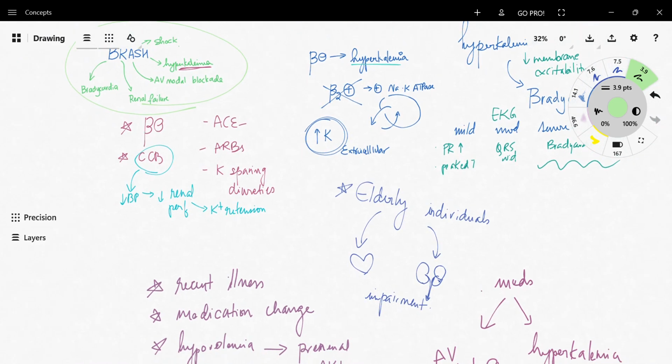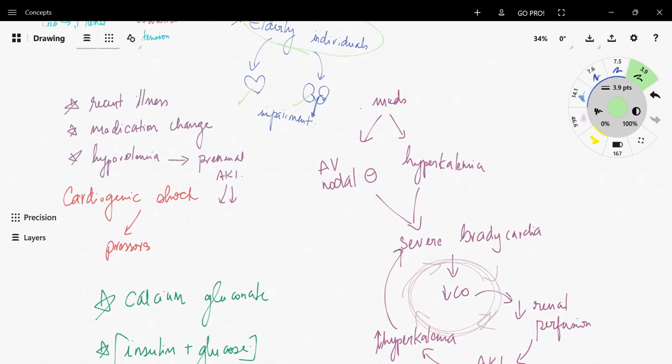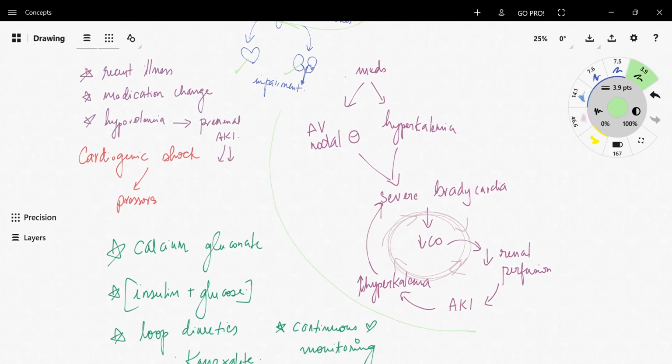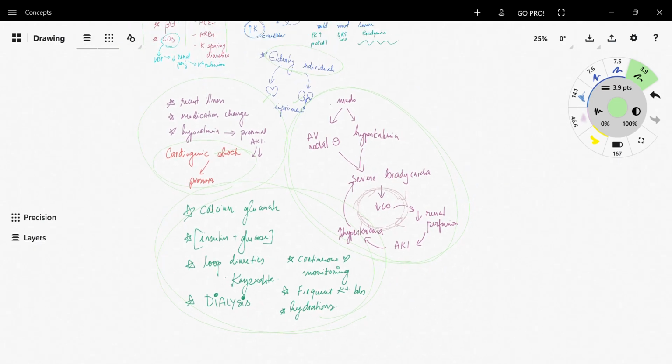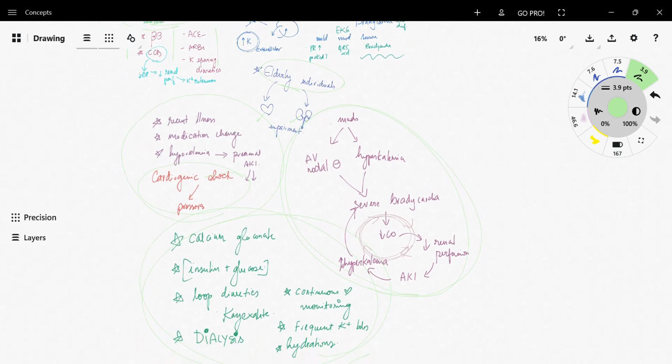This is who it happens in, what can be the triggers, what medications are implicated in the pathogenesis, the pathogenesis itself, how it presents, and finally how you will manage it, right? So that's pretty much your overview of BRASH syndrome.